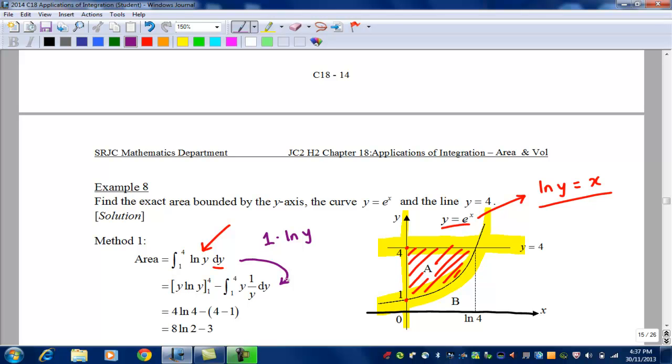After integrating by parts, I realize that this value here essentially is 4 ln 4. And in fact, this whole part here is actually a 1, so integrating 1 shouldn't have any issue. Finally, you arrive at this answer for this part here, and arrive at the final answer of 8 ln 2 minus 3.